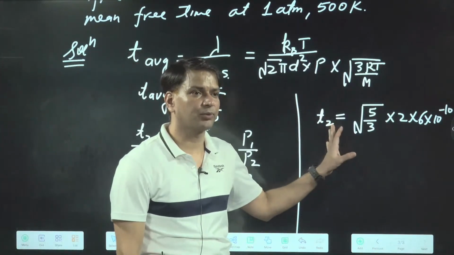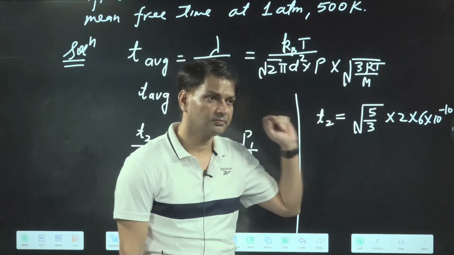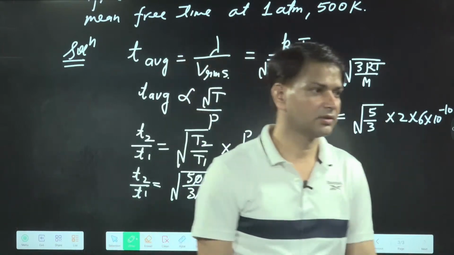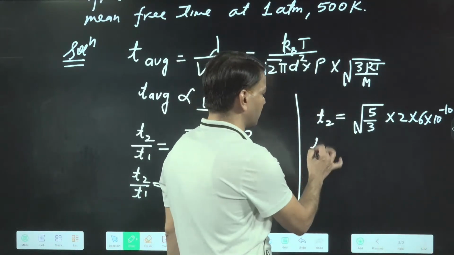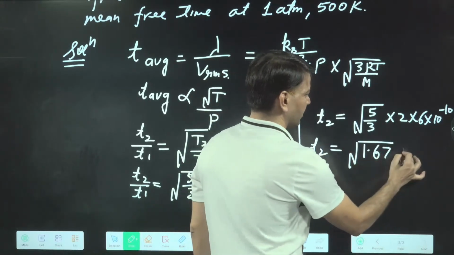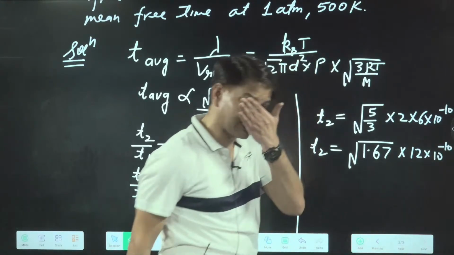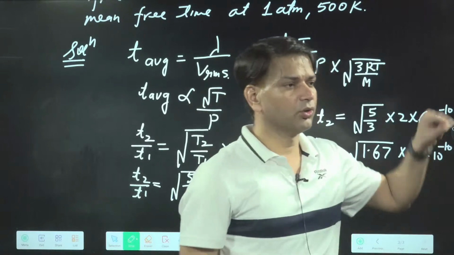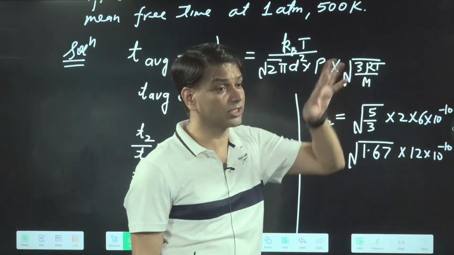Up to this, any problem anybody has? Tell fast. Okay. Now root 5 by 3 we can put as under root of 1.67 into 12 into 10 to the power minus 10.